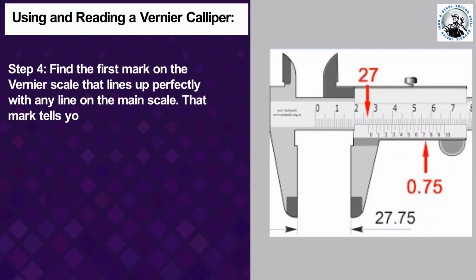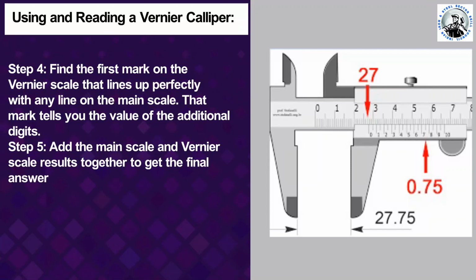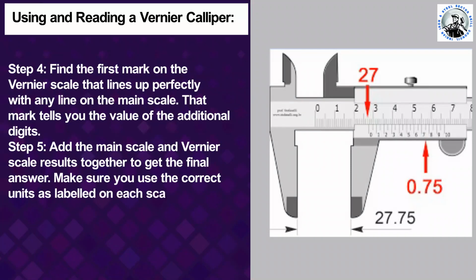That mark tells you the value of the additional digit. Step 5. Add the main scale and vernier scale results together to get the final answer. Make sure you use the correct units and label on each scale.